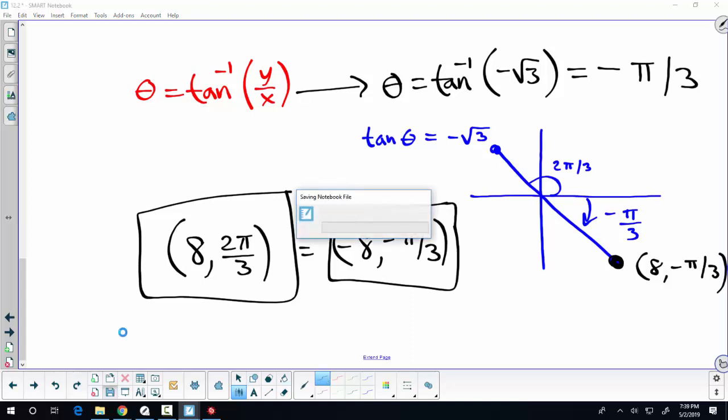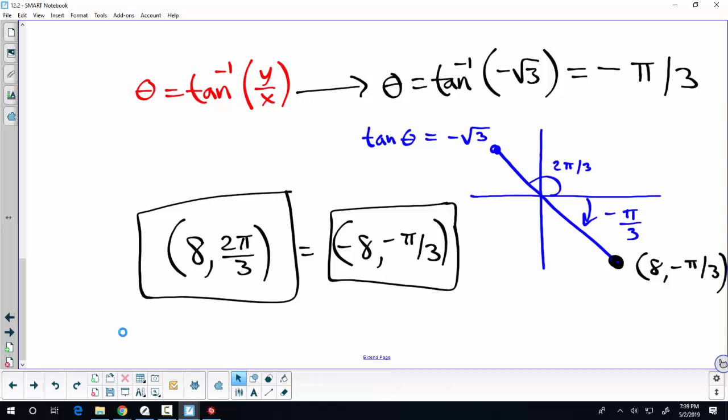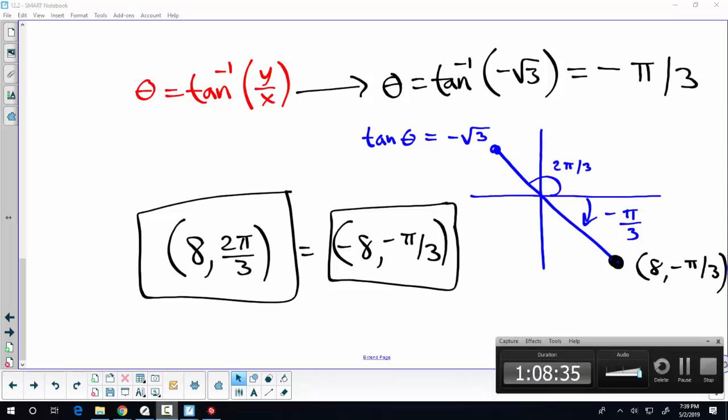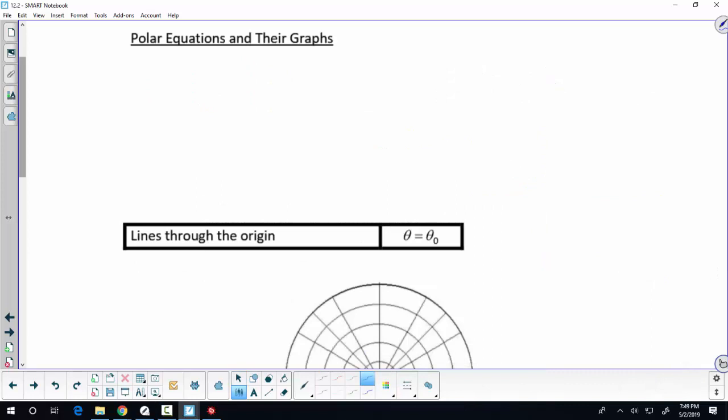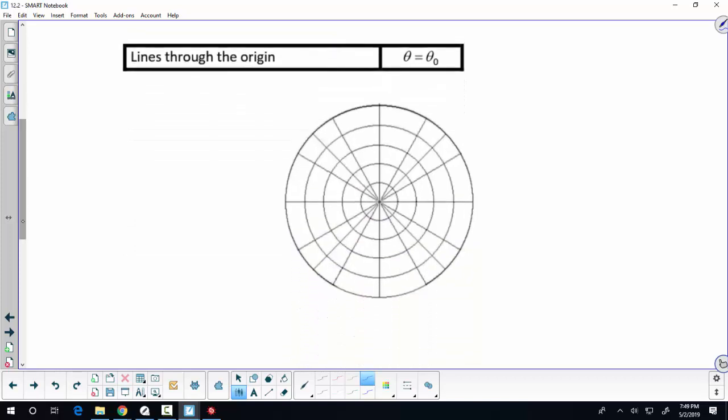The rest of the section really is about what different graphs look like and how they arise. So we're going to look really briefly at some polar equations and their graphs, and talk about how we convert back to our Cartesian coordinate system as well, so that if we don't remember what these look like, at least maybe we can remember the conversions and get our bearings that way.